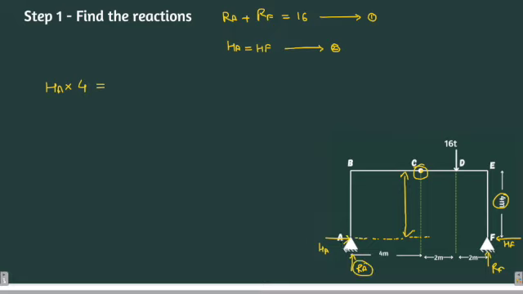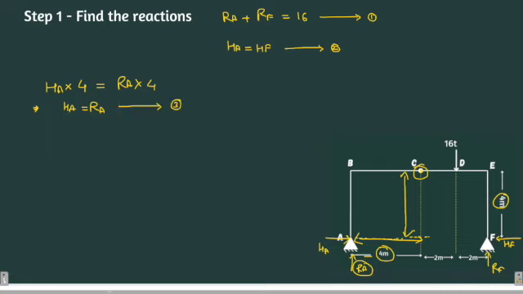RA is trying to rotate the frame in the clockwise direction about point C. So we'll write RA into, what is the distance between RA and C? It is 4 meters. So RA into 4 meters. So from this we get HA equals RA. So this is another equation number 3.